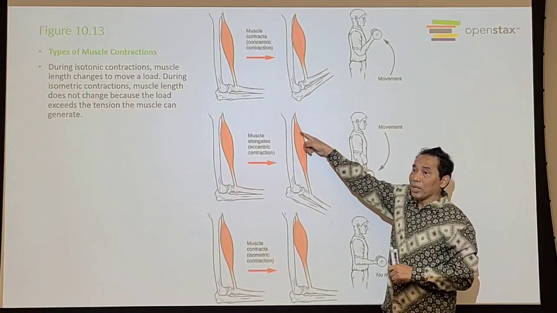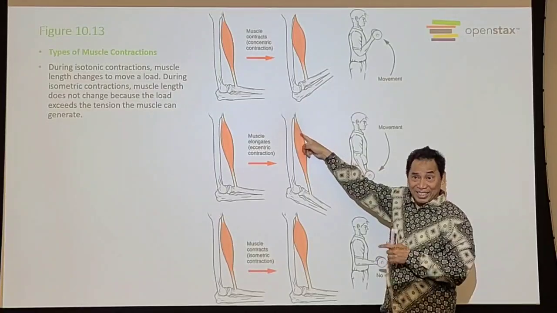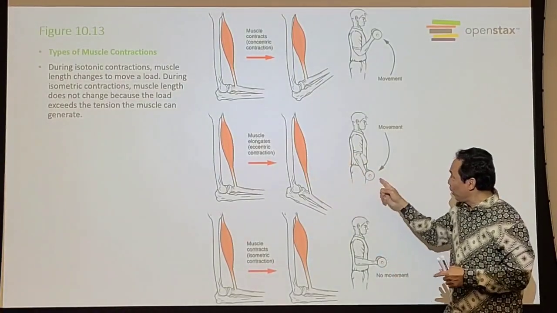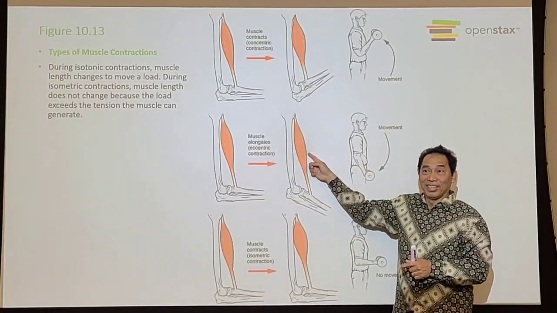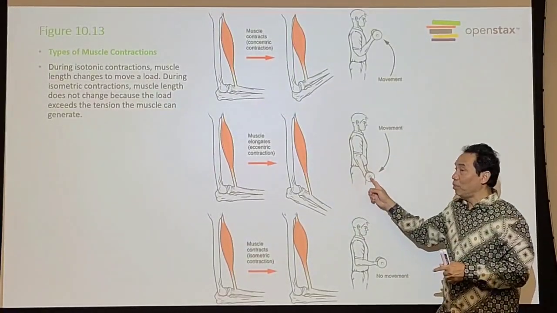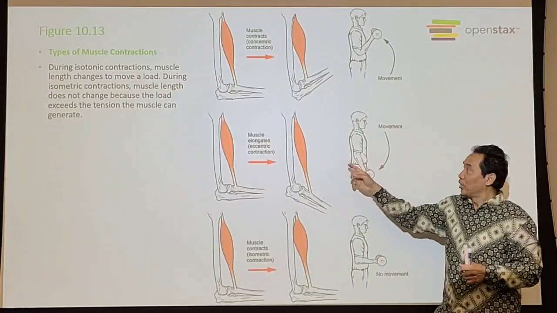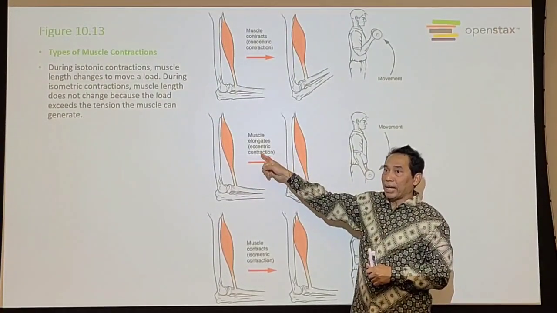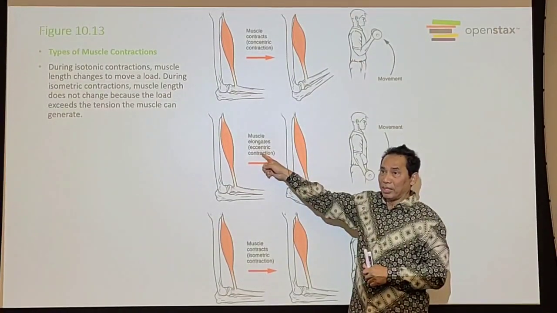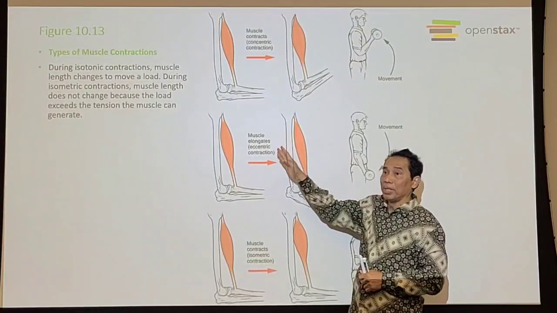The muscle actually becomes longer, but it's still contracting. Because you have something over here that makes the muscle contract. If the muscle is not contracting, it will be loose. It's gone. Right? So this contraction over here is called the isotonic eccentric contraction. This is still isotonic. Both of them are isotonic.